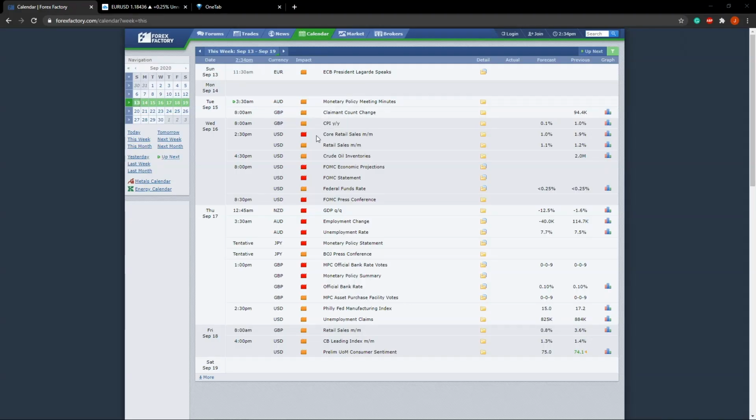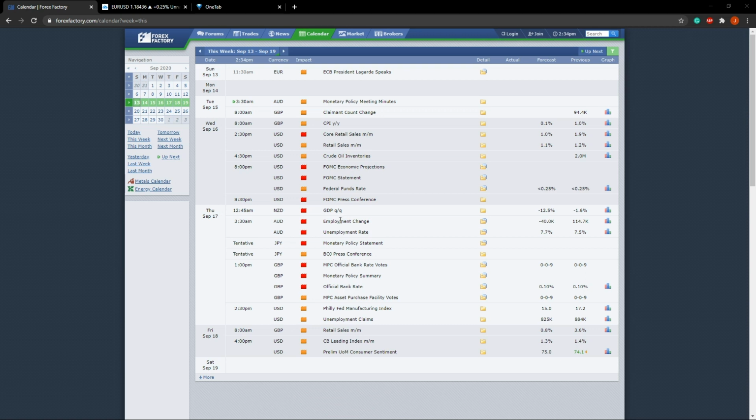Just a brief look at the economic calendar for the week. We can see that no major impact events are expected for today. On Tuesday, we just have a few medium impact events, nothing major. On Wednesday, we have core retail sales and also some Federal Open Market Committee meetings later in the evening.